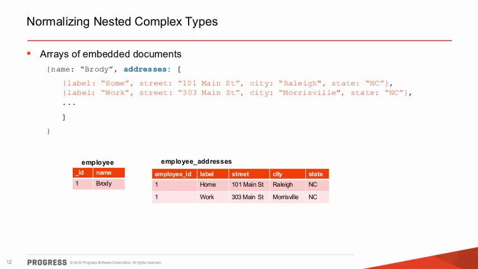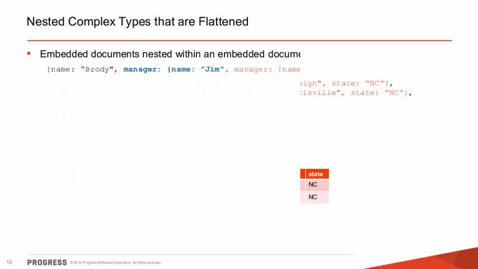What you'll see again is arrays represented as normalized virtual tables where the data in them become rows, whether they be simple type arrays that contain only simple types, or arrays of embedded documents. Here you see those embedded documents in that array now represented as rows in that employee address table.